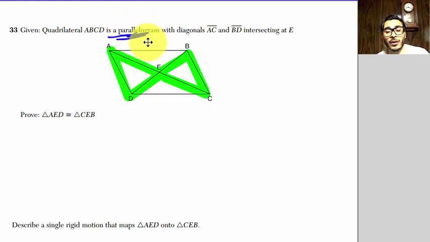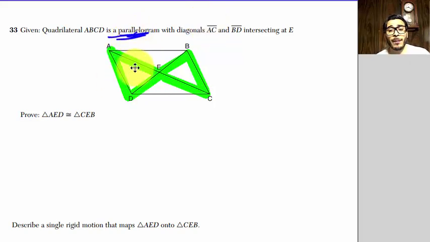Because I'm told that it's a parallelogram, so I'm going to use that to demonstrate that these two triangles are congruent by one of the postulates. Either side, side, side, side, angle, side, angle, angle, side, angle, side, angle. So I have to use one of those postulates. For me, it's just easier to use side, angle, side. So I'm going to go ahead and use side, angle, side.